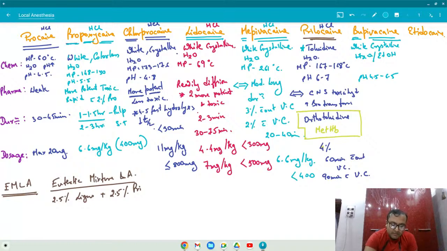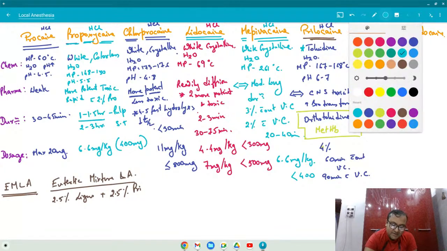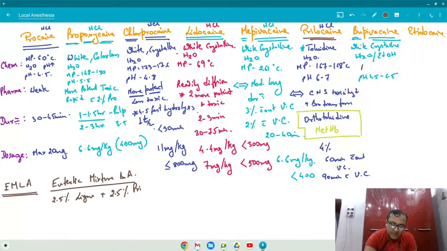Now remember that it is similar to mepivacaine. Why? Because this is also an amide derivative. I hope in pharmacology you have studied that some local anesthetics are ester derivatives and some are amide derivatives. So this one is an amide derivative.